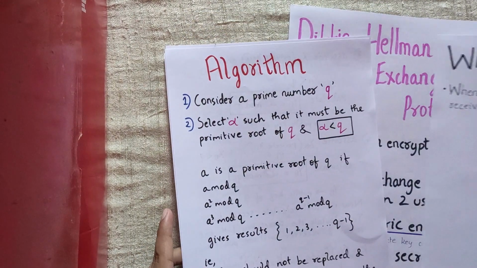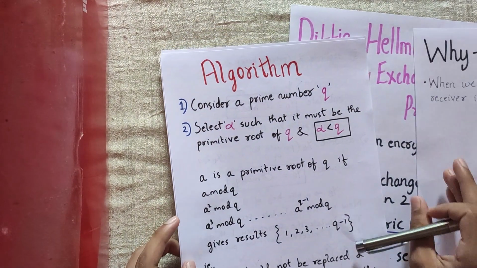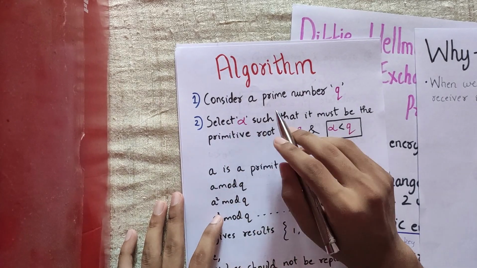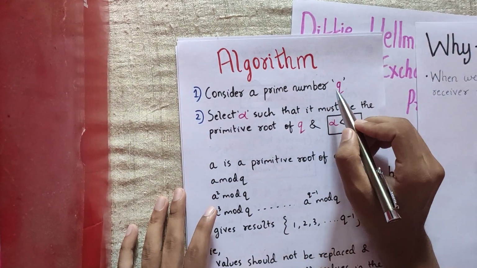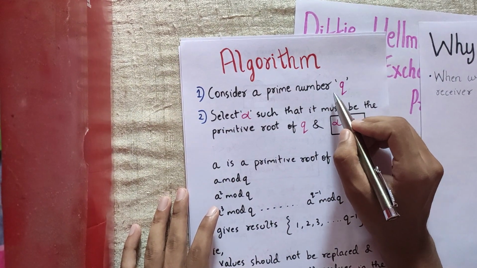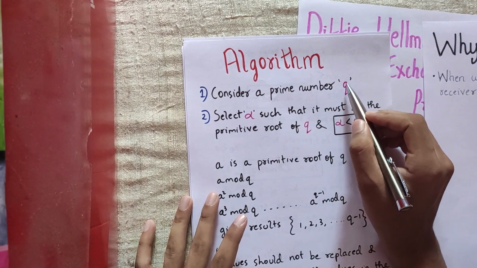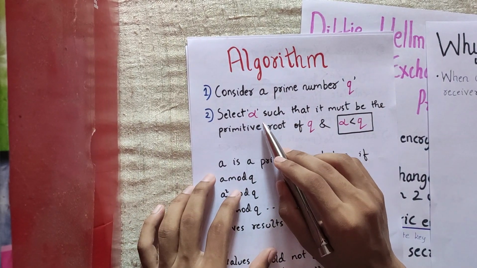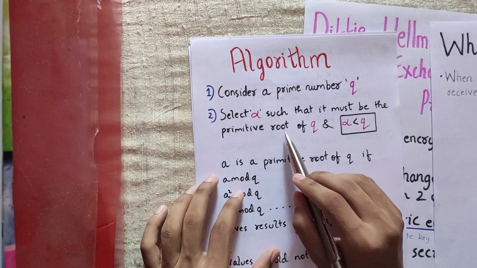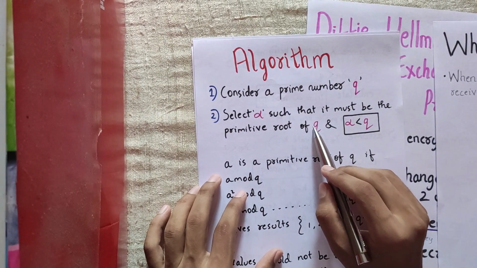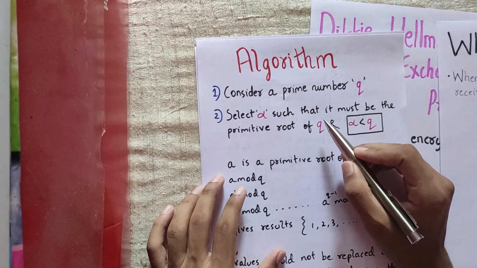The Diffie-Hellman algorithm is very simple, and the first step is to consider a prime number q. The next step is to select alpha such that it must be a primitive root of q. What is a primitive root? Let's check it out.